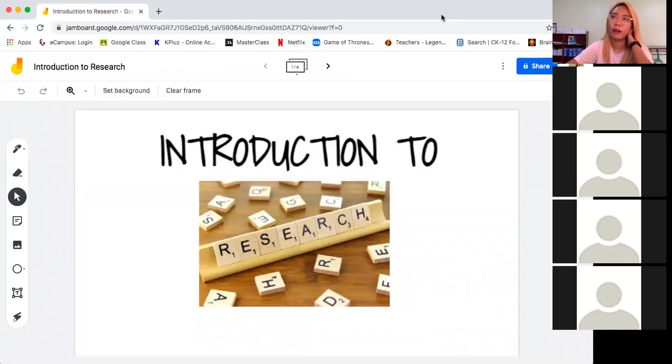Okay? Pero I know na most of you, when you think of research, ang pumapasok lagi sa isip ninyo is, number one, it's either you go to the library and you check the dictionary, you check the encyclopedias and other books na merong definition or examples or discussion about that topic.